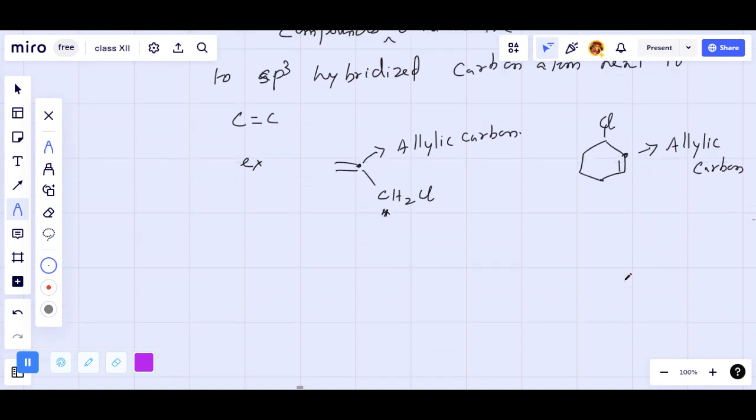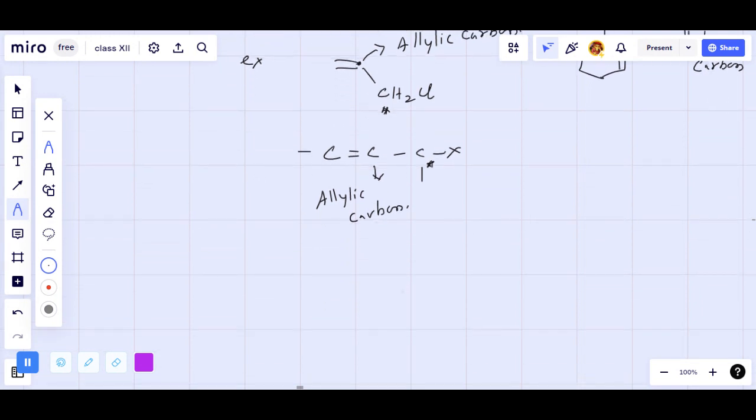Again one more example: C=C, and then C-X. This is the star carbon, and this one is the allylic carbon. Understood? So this is the second classification, which comes under sp3 carbon.